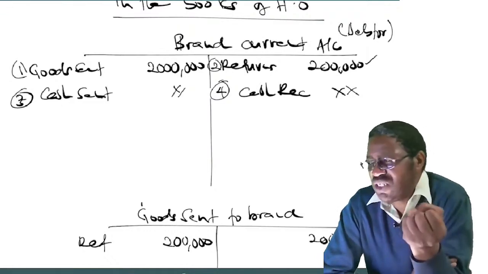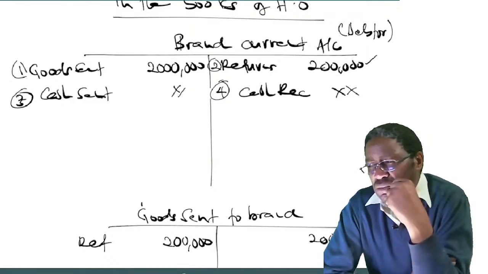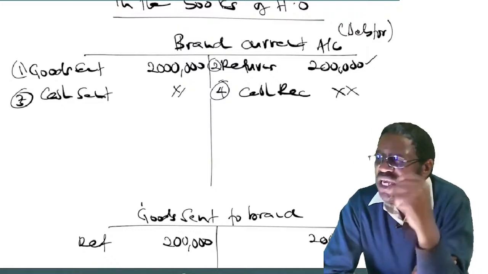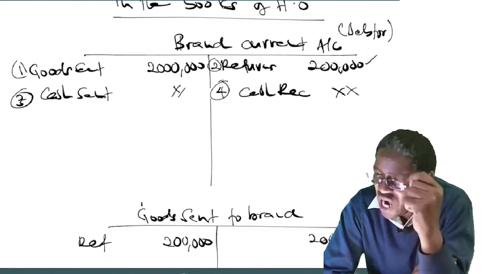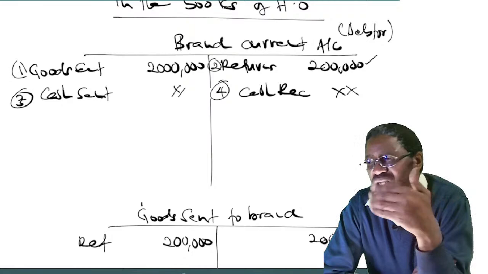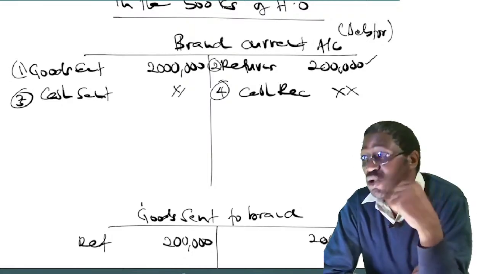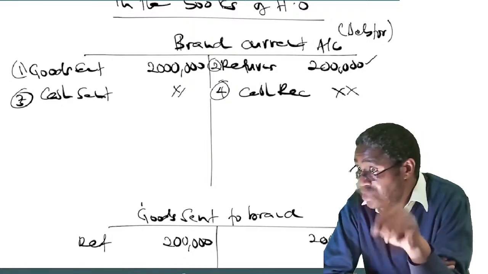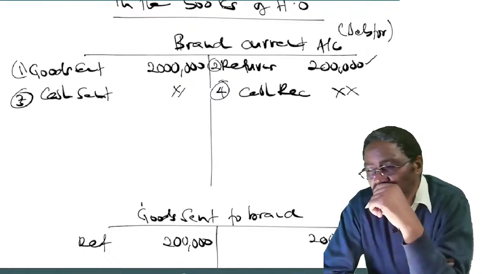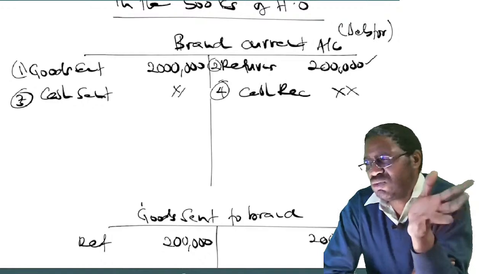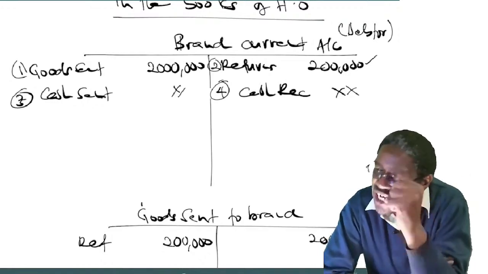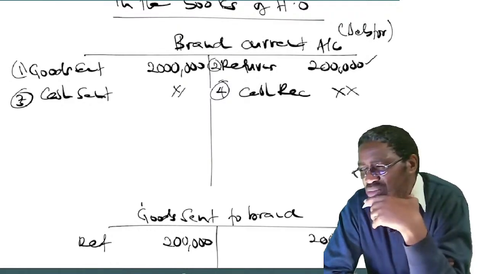Once I received it, me as a head office, I decided, let me pay that bill on their behalf. Instead of sending the bill to Mombasa so that the branch pays, as a head office, I decided to pay for that expense on their behalf. So what do I do? Do I increase what the branch owes me or do I reduce what the branch owes me?